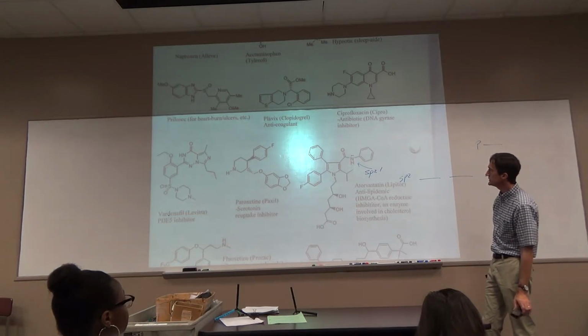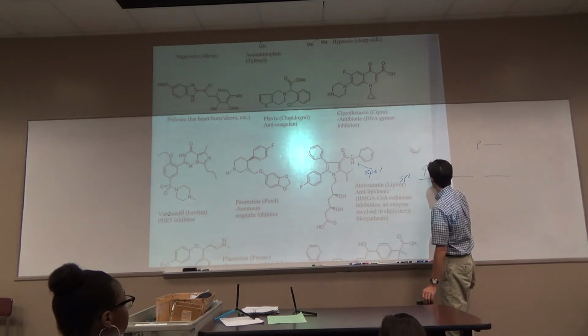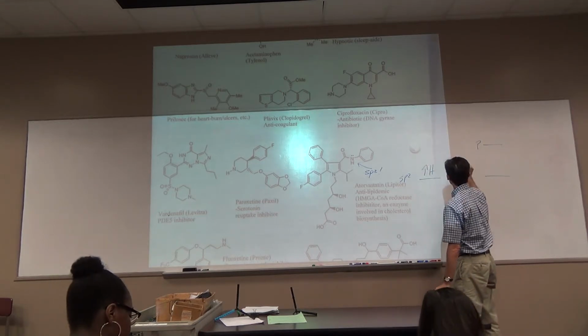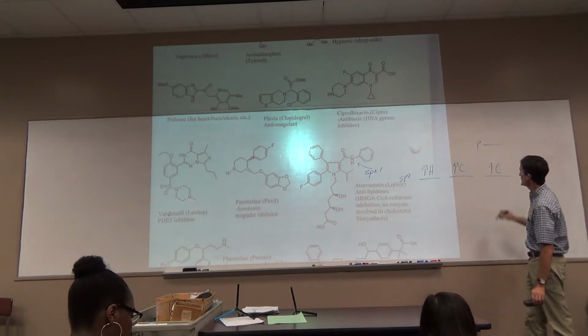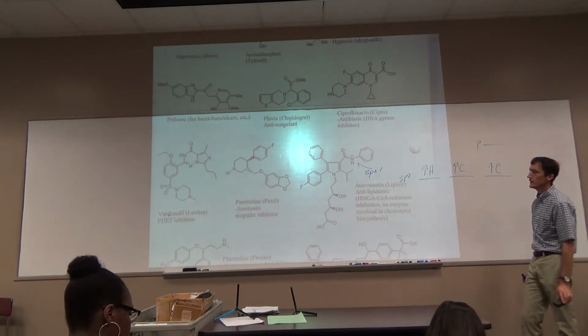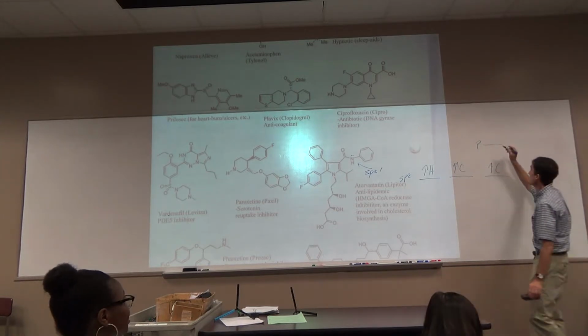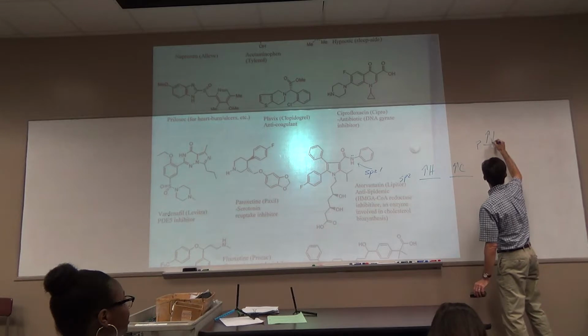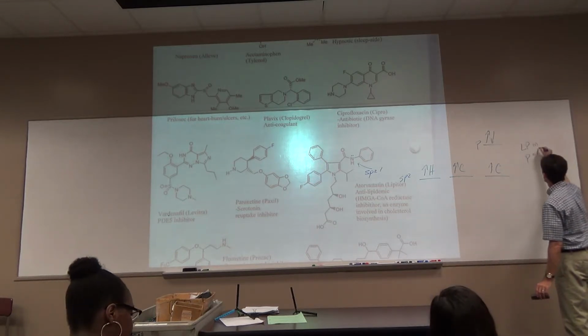What type of bonds do you see the nitrogen making? Sigma bond to H, and then what? Sigma bond to carbon, sigma bond to carbon. Where does the lone pair have to be? Yes, the lone pair is in a p orbital.